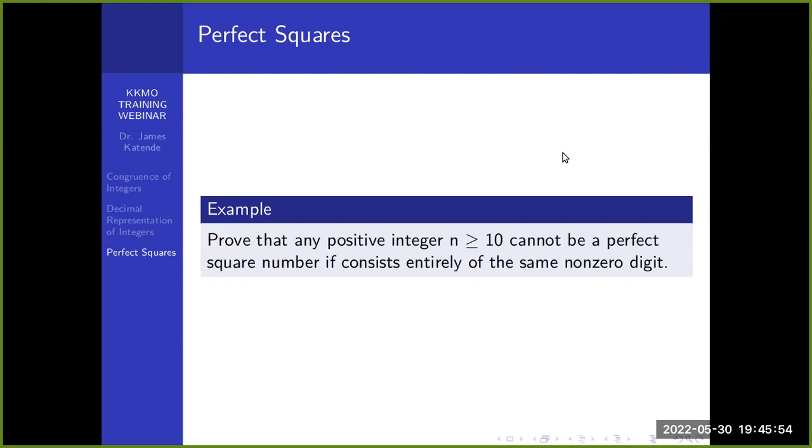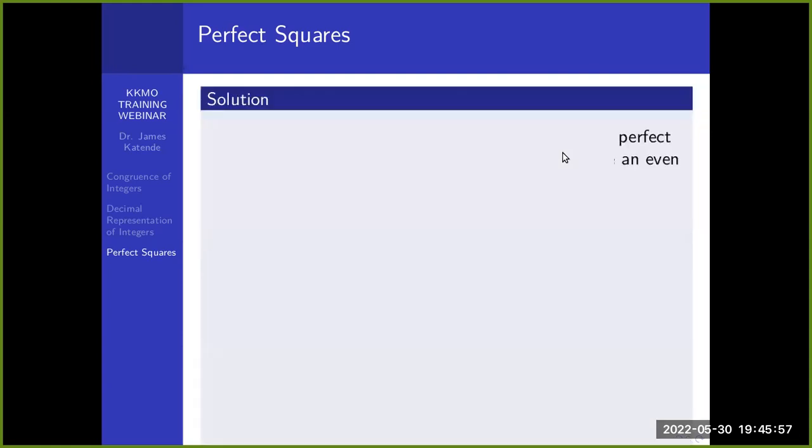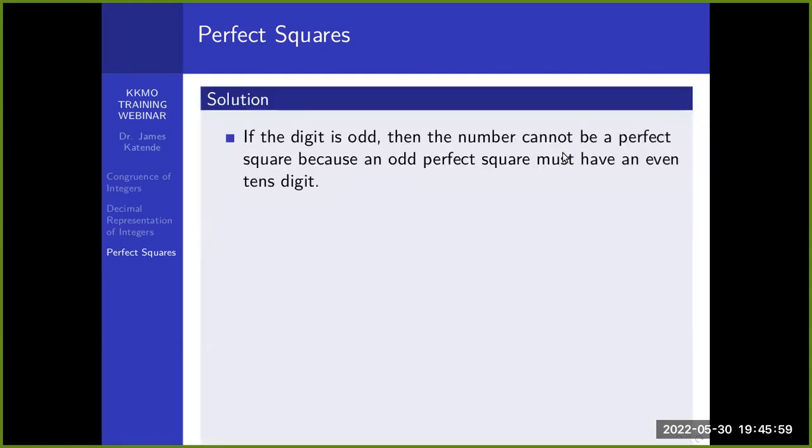Okay, so I can proceed to the solution. If the repeated digit is an odd number, then the number cannot be a perfect square because an odd perfect square must have an even tens digit. So if all the digits in the repeated digit are odd, then the tens digit will also be odd.